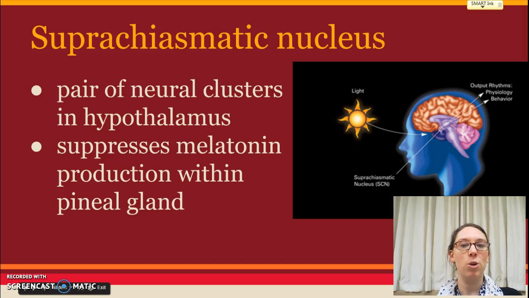But in the morning, you have retinal proteins, which are going to register that there's a lot of light streaming in. Those retinal proteins are going to be activated. They're going to communicate to the SCN, which is going to tell your pineal gland to stop producing melatonin, which makes people sleepy. And so you can see why artificial light especially can have an impact on the melatonin production within your brain.